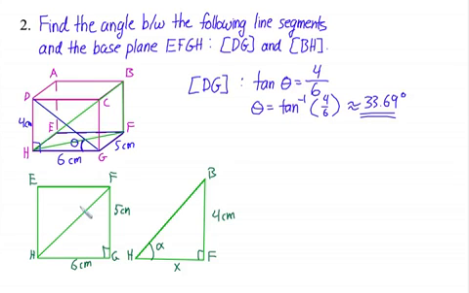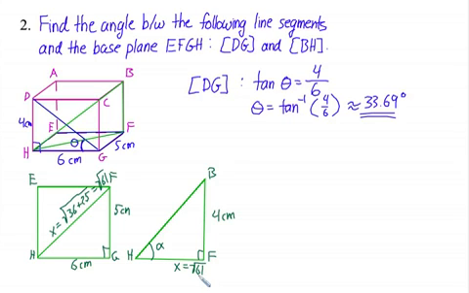I can find the length of HF using Pythagorean theorem. And so this is x, and we know that x equals the square root of 6 squared, which is 36, plus 5 squared, which is 25. So the square root of 61 is my side x.